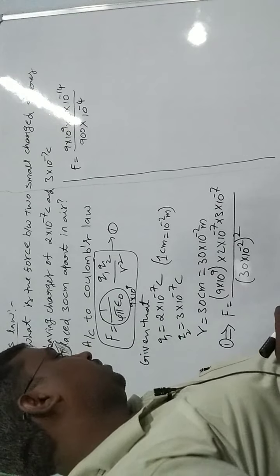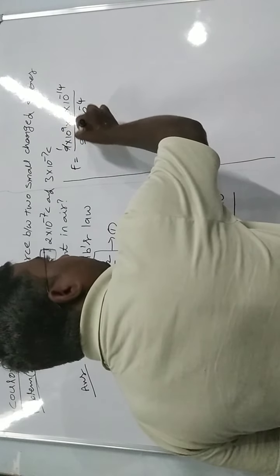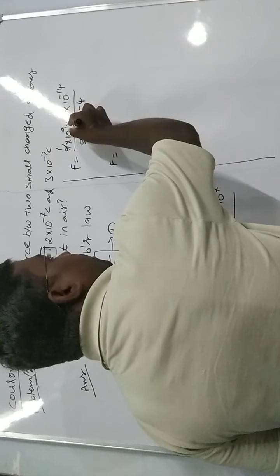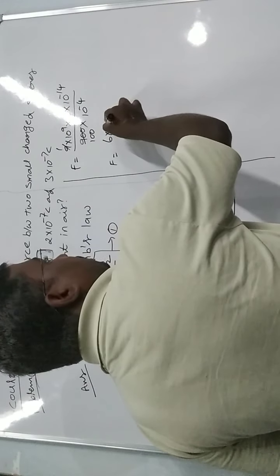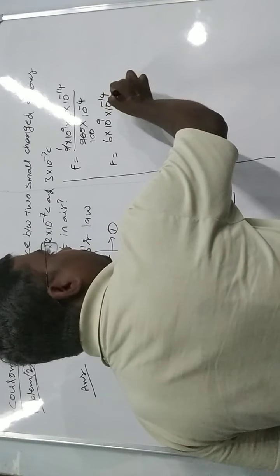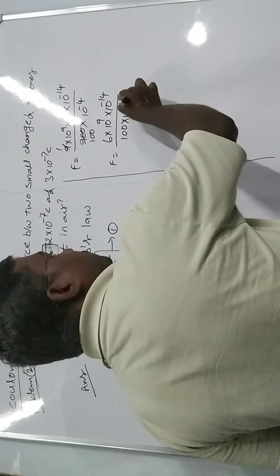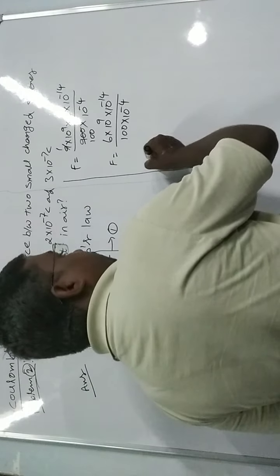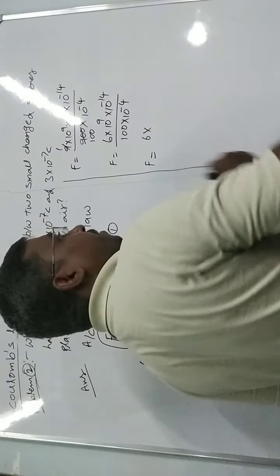So F equals 9 into 10 power 9, that is 6 into 10 power minus 14, by 900 into 10 power minus 4, which is 6 into 10 power 9 into 10 power minus 14 by 100 into 10 power minus 4.